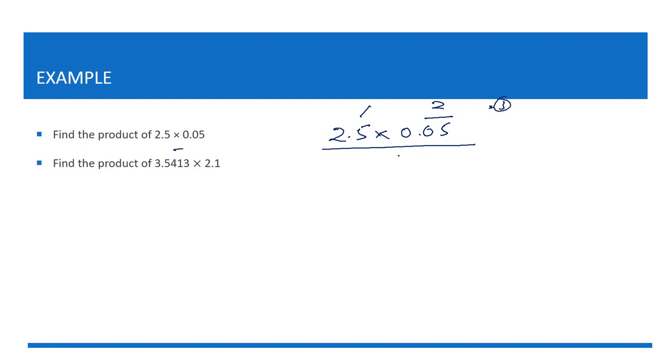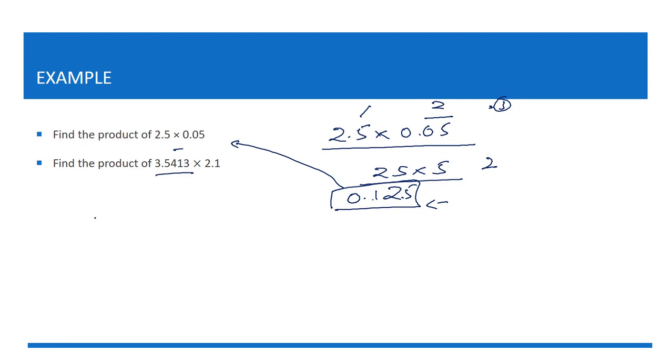Let me forget about the decimal places. 25 into 5 I will multiply. 5 5s are 25, 5, 2 carry, 5 2s are 10 plus 2, 12. 125 we got. But after how many places are we supposed to place the decimal point? 1, 2 and 3. So you start from the right, 1, 2, 3, and place the decimal here. This is the answer.